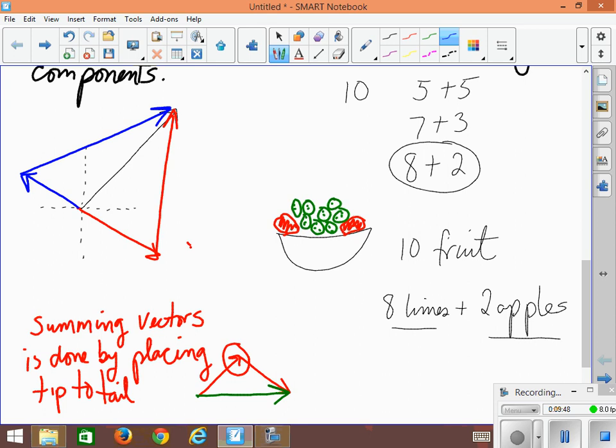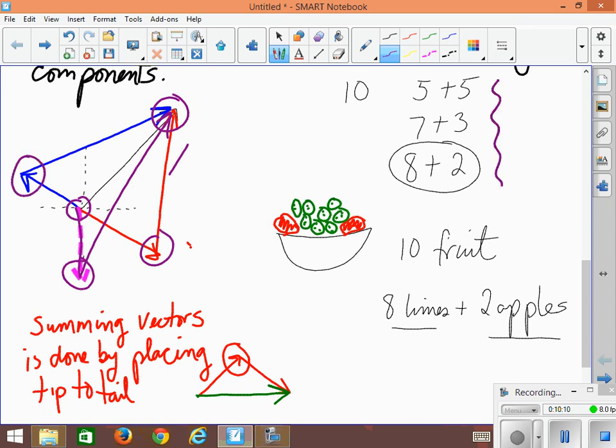It's kind of like 7 plus 3 and 5 plus 5 and 8 plus 2. There's an infinite number of vectors that I could draw that would start at this beginning, end at the end, and be positioned tip to tail. Just like there was an infinite number of sums that I could make over here for number 10.